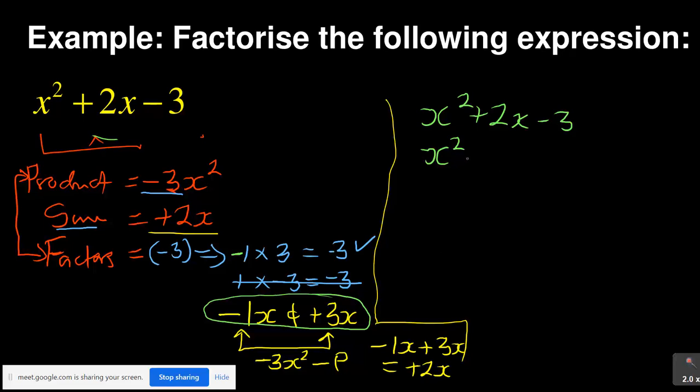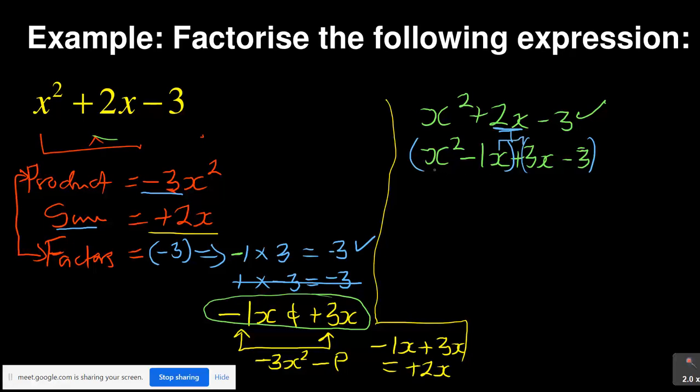So I'll substitute and say minus 1x plus 3x minus 3. So you see, the aim was to change it from 3 digits into 4 numbers. When I change it into 4 items like this, why am I doing it? Because I want to introduce that grouping, remember? Yes. That's why I'm doing that. So that from 2, I come up with 2 terms, which will allow me now to group.